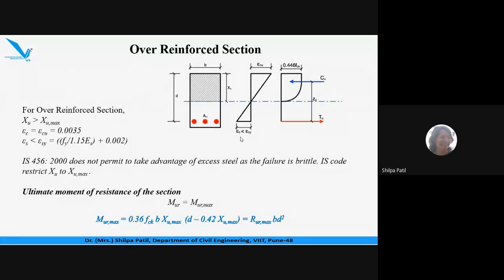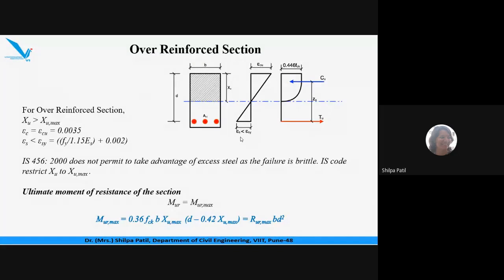Okay, so the formula for MUR max or MUR for over reinforced section is given as 0.36 FCK B XU max into bracket D minus 0.42 XU max, or in other terms it is RU max into BD square. So this is the only formula which we can use to calculate the moment of resistance for over reinforced section. We cannot use the second formula, that is TU into ZU. That formula is not applicable for over reinforced section.